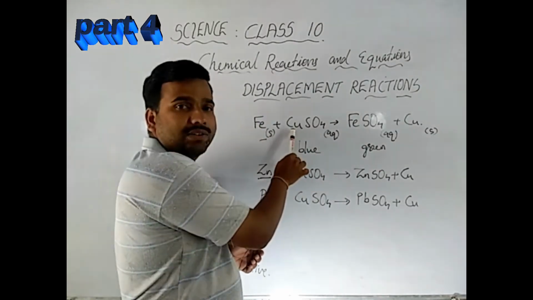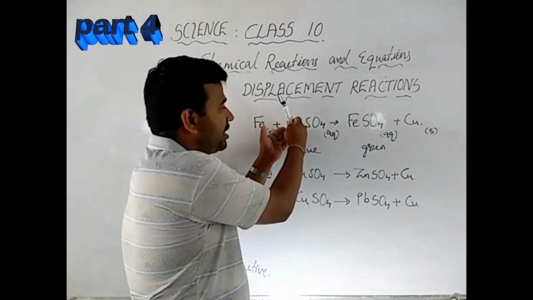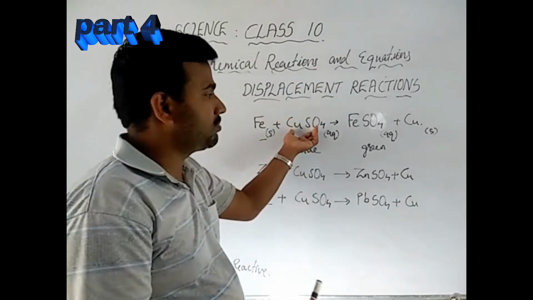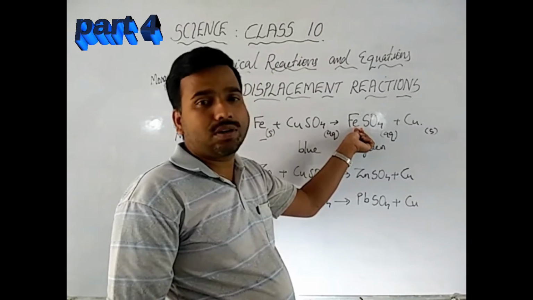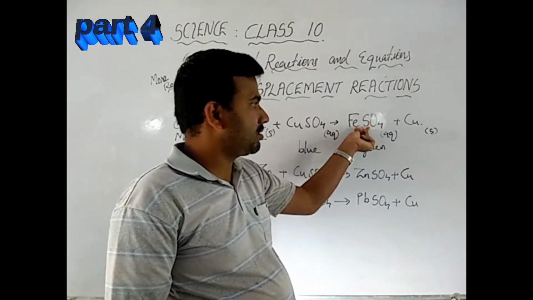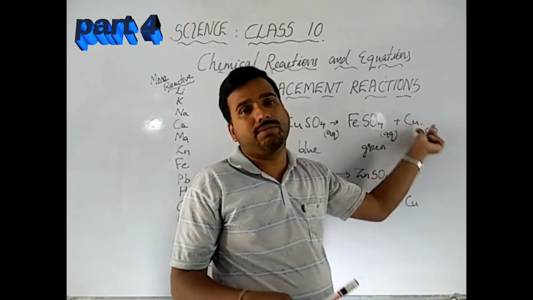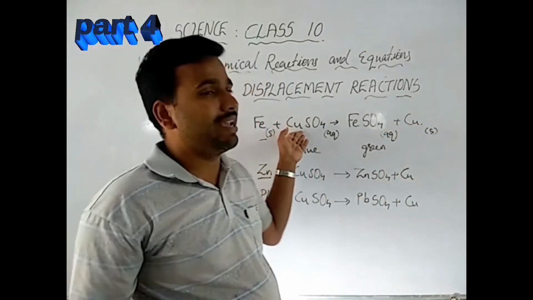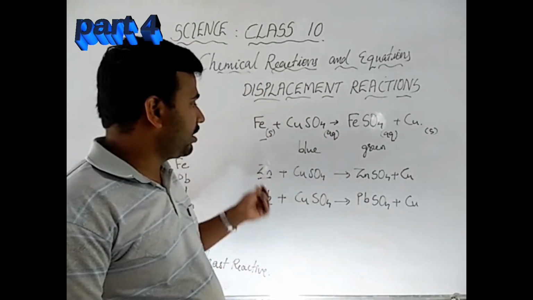Iron is more reactive than copper, so iron displaces copper from this salt solution, taking the position of copper and forming its own salt solution, displacing the less reactive metal.